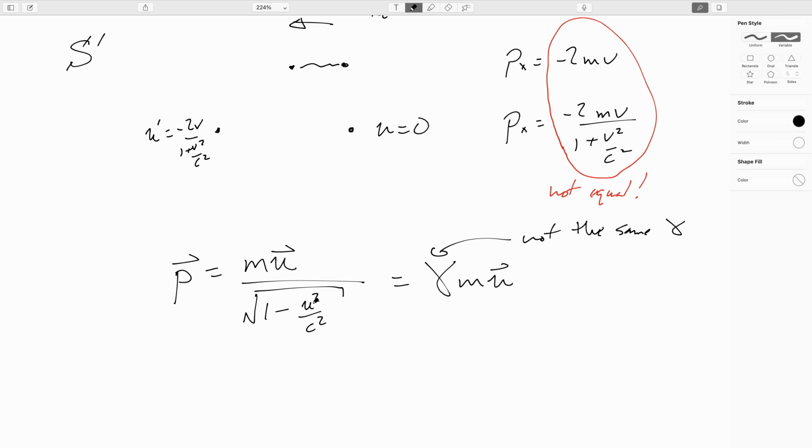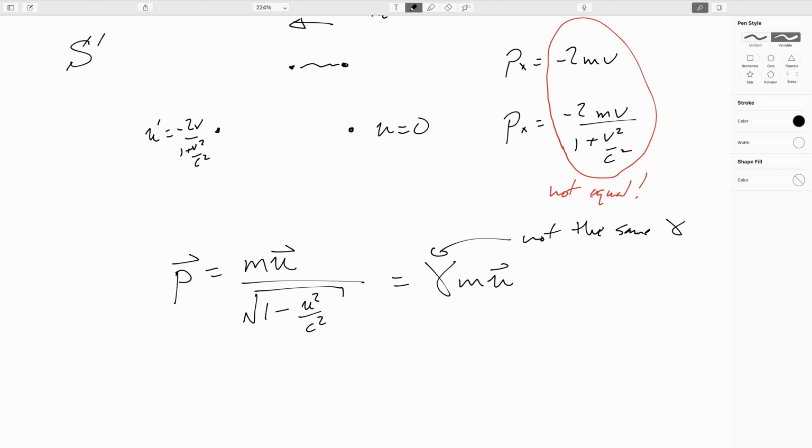Now, there's basically no confusion here because it's always clear from context which one you mean, with the exception of one particular class of problems where they both show up at once. That's beyond the scope of this treatment here. And in that case, what people will do is they'll write gamma sub u and gamma sub v to keep them straight.